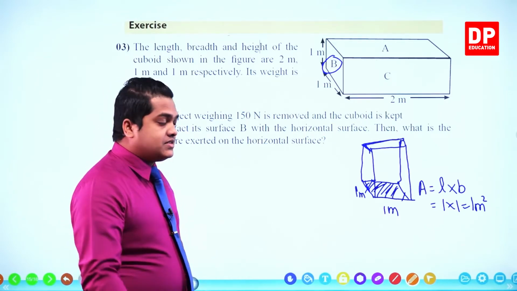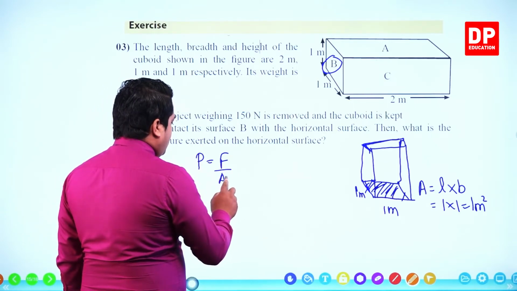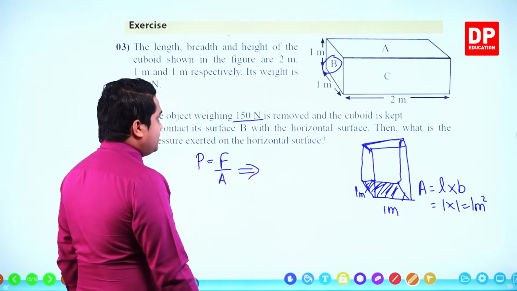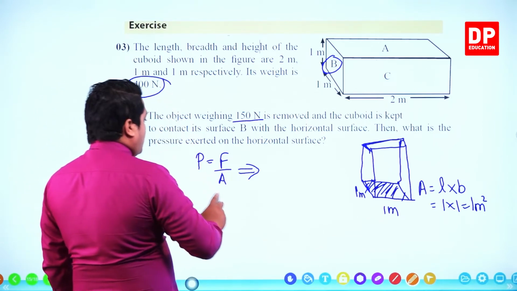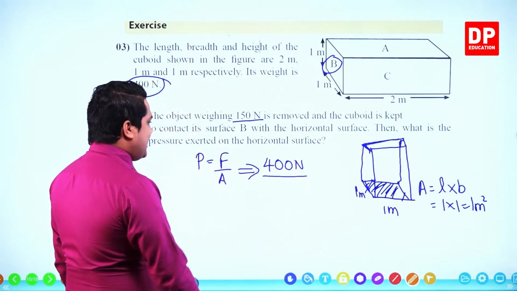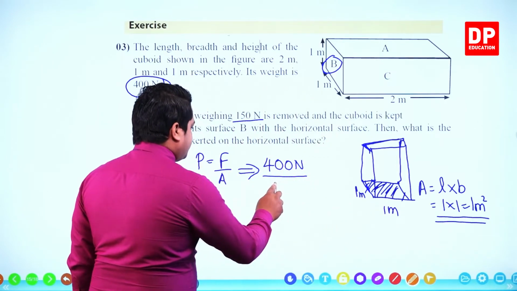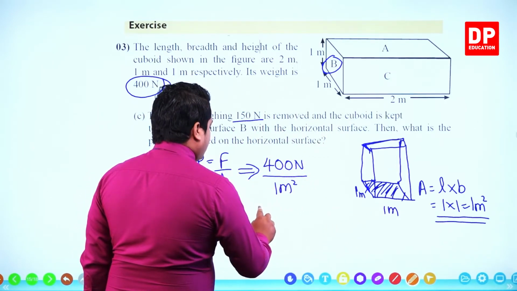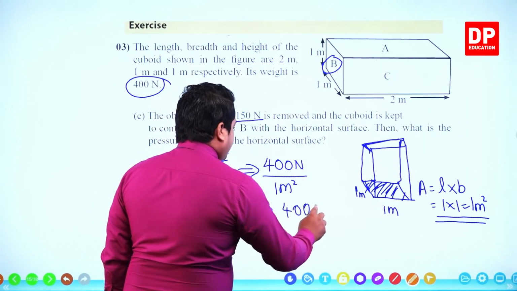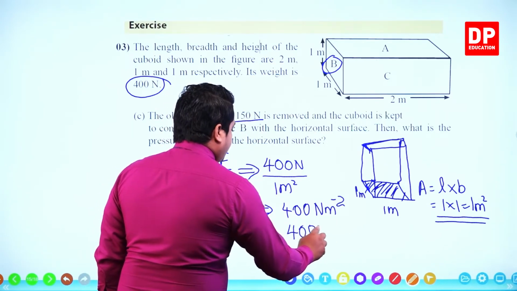So let's apply once again P equal to F over A, but this time 150 is being removed, so the actual weight is 400. Area has also changed to 1 from 2. Our answer then dramatically changes to 400 newtons per square meter or 400 pascals.